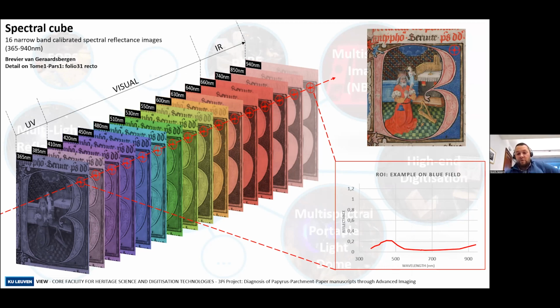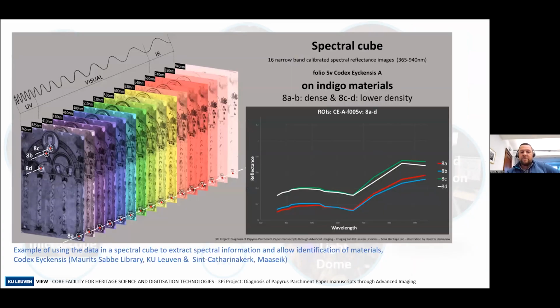It can be one curve you create out of it, but in another example here, different spectral curves can be extracted and generated.